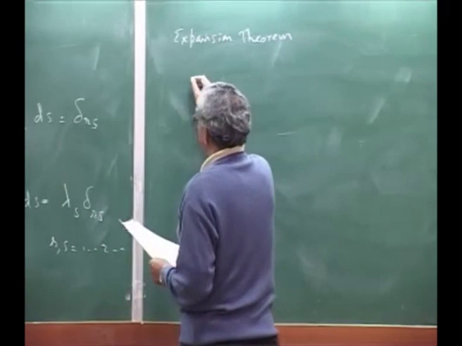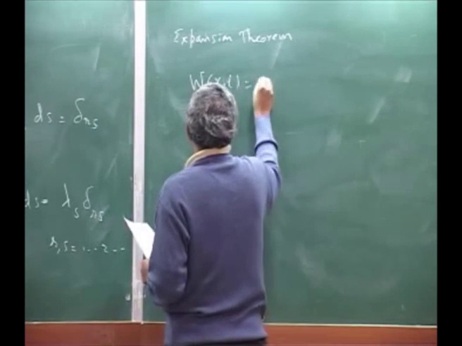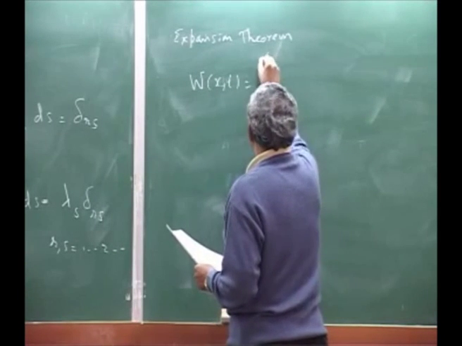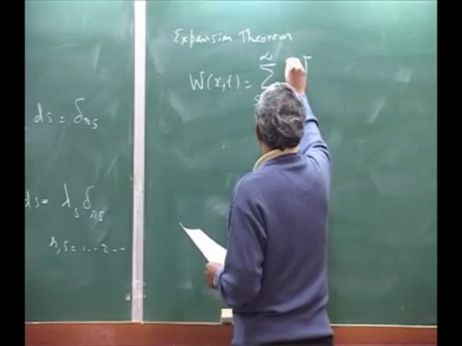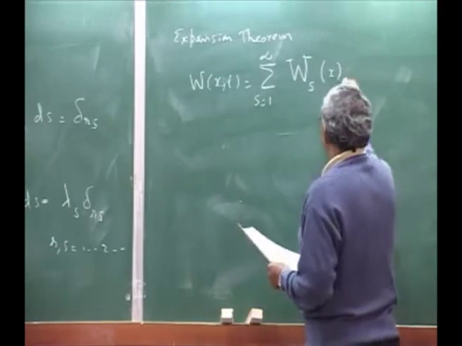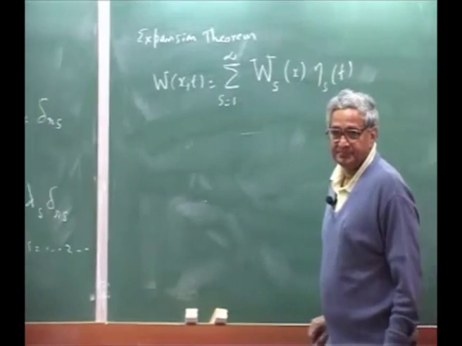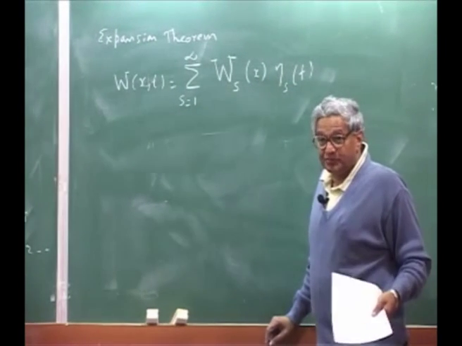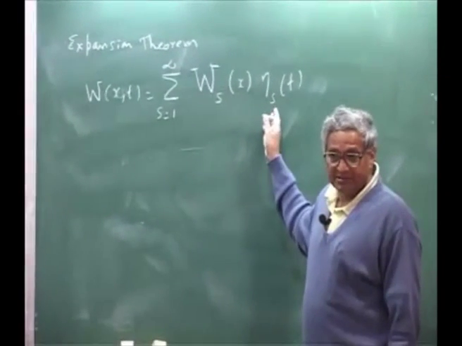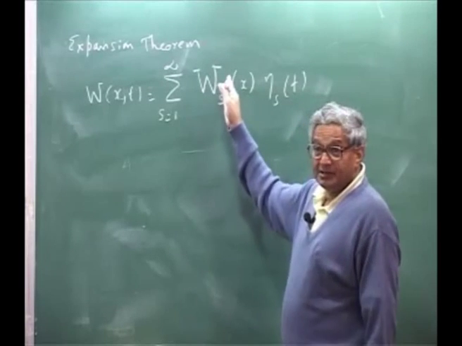I am writing my W, which is a function of x comma t, as summation s running from 1 to infinity W of s, which is a function of x, and eta s, which is a function of time. This is what we assumed first. We split that into space and time variables. Now I am combining and writing, and I got all the eigenfunctions.